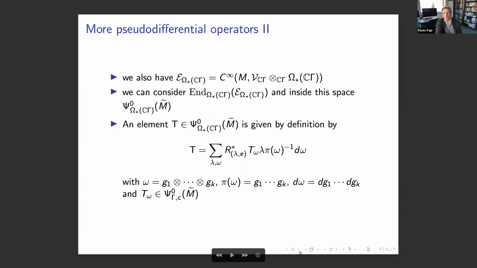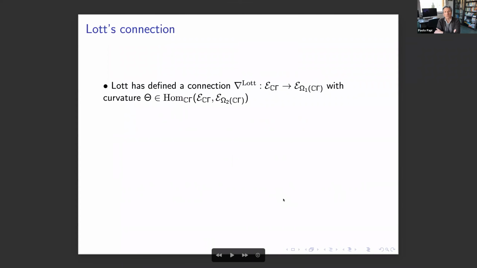Now Lott defined a connection going from the basic C gamma module, E C gamma, to E omega star C gamma. This has a curvature, which is an element inside here.